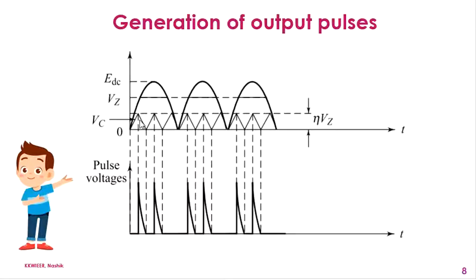The first pulse will be obtained when the capacitor discharges for the first time. Second pulse will be obtained when the capacitor discharges for the second time, and so on. So in every half cycle, more than one pulse is obtained. So this is how the UJT can be used for the synchronized triggering of SCR.